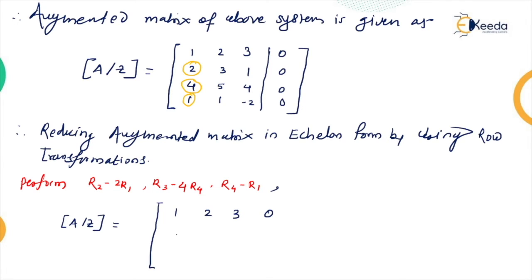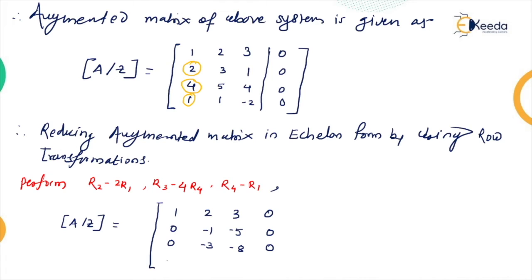Now in the second row, R2 minus twice R1 means 2 minus 2, which is 0. The next element gives minus 1, then minus 5, and 0 after performing R2 minus twice R1. The next row changes to 0, minus 3, minus 8, and 0.